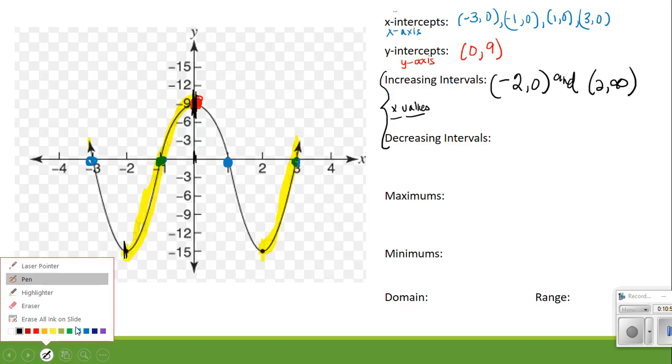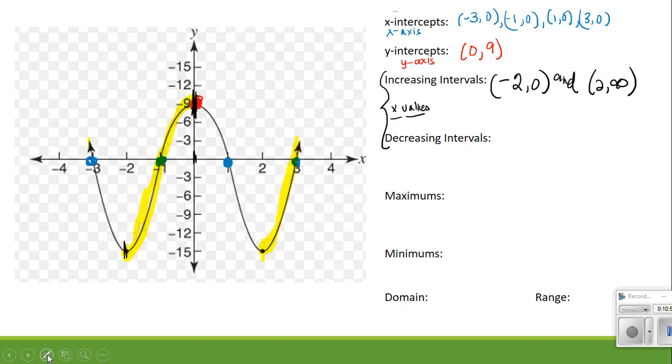Decreasing. Where am I decreasing? Well, if I started right here, I would walk down this graph. If I'm walking down, then this is a decreasing part, and so is this one. So what are the decreasing intervals?